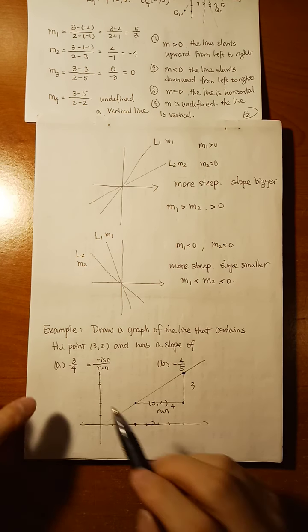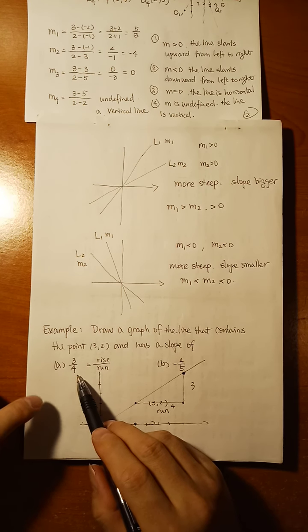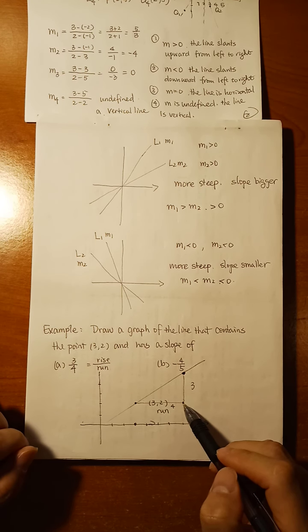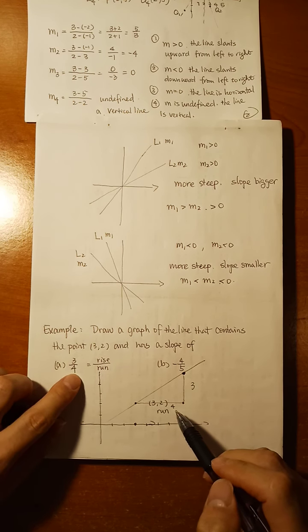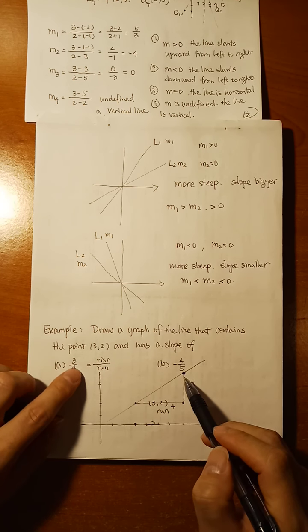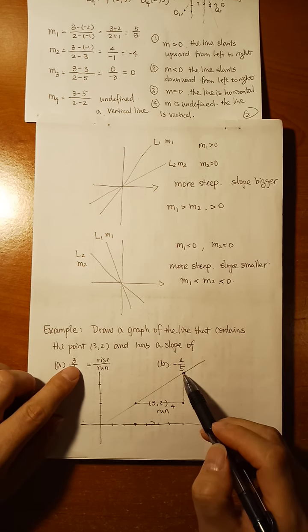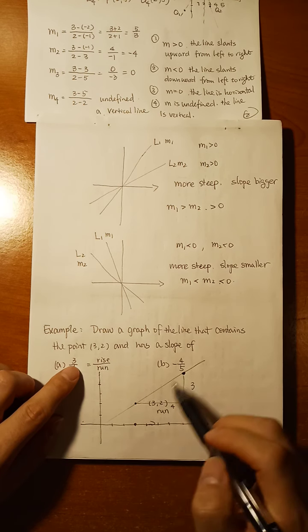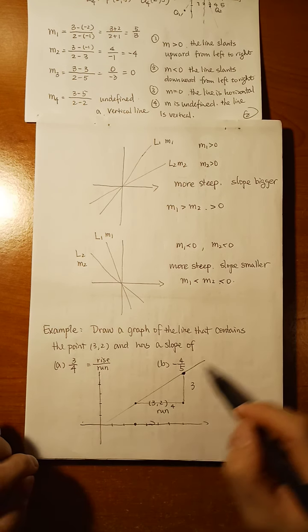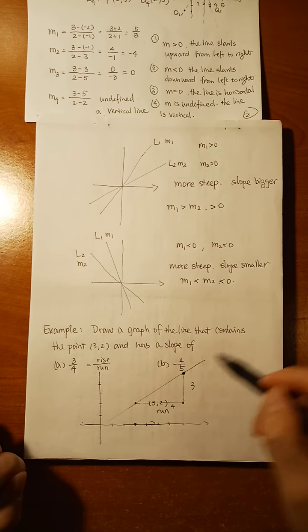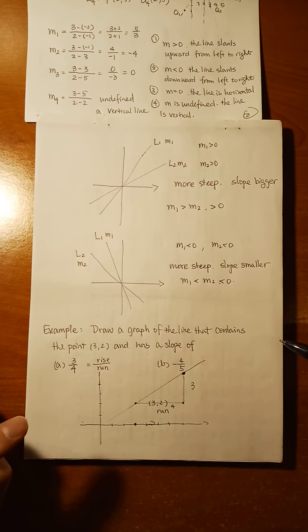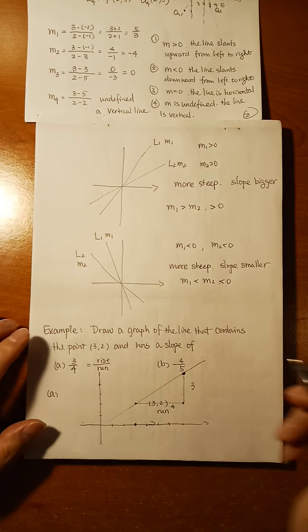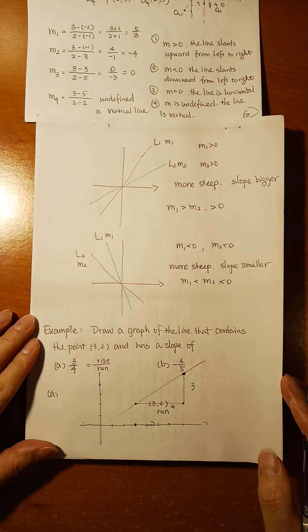So when you have a positive slope with a ratio, you first move to the right 4 units, the denominator 4, and then go up 3 units, the numerator 3. That's the second point. You have the original point 3, 2 given, and then your second point. You sketch the line through those 2 points. That's uniquely determined. Okay, so this is the case for the slope equal to 3/4.